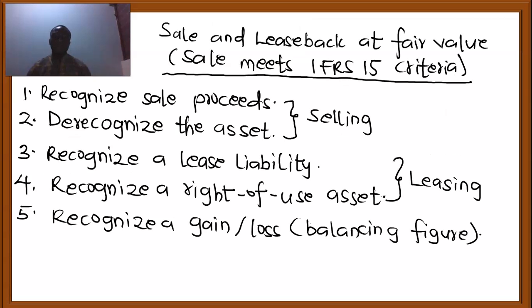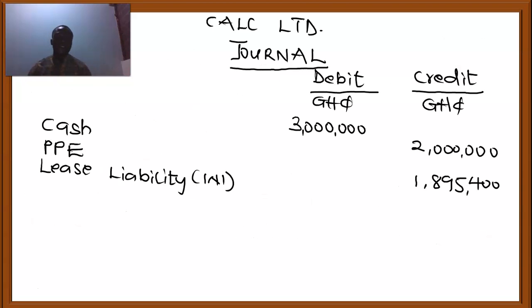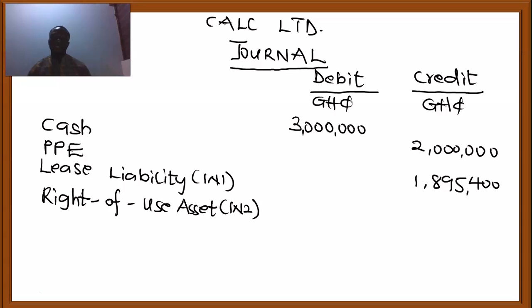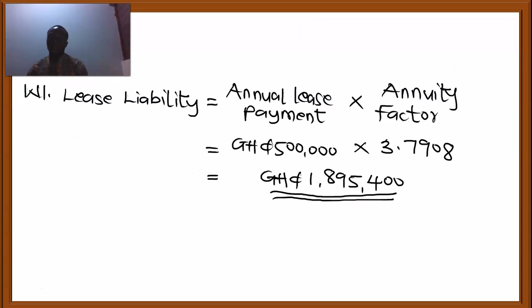Then the next step is to recognize a right of use asset. So we have working 2, right of use asset.